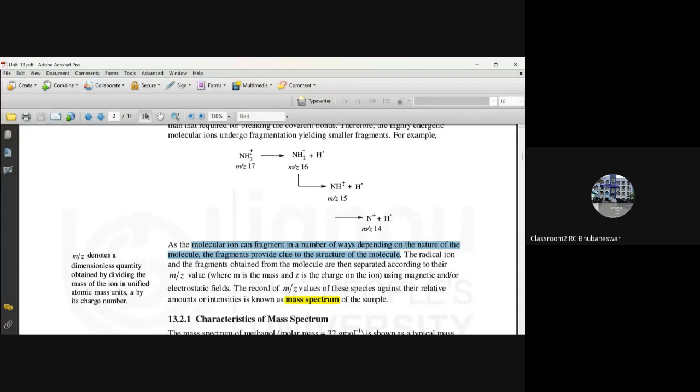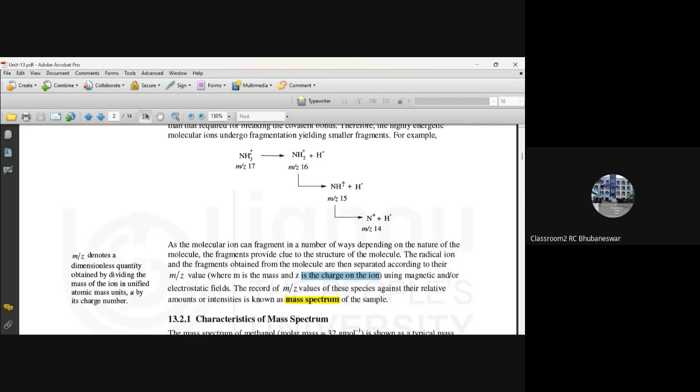The radical ion and the fragments obtained from the molecule are then separated according to their m by z value, where m is the mass and z is the charge of the ion. So this m by z value has a very important role while discussing mass spectrometry.